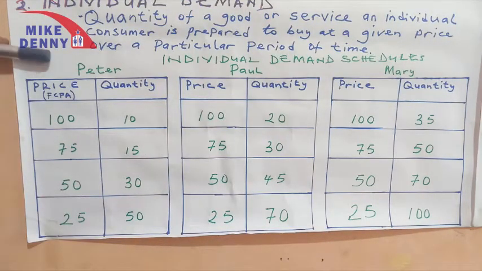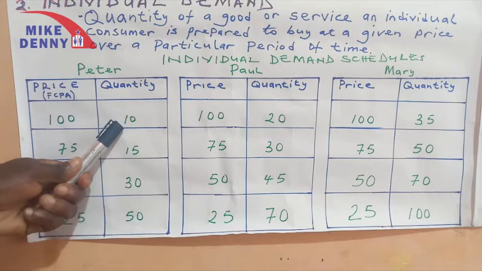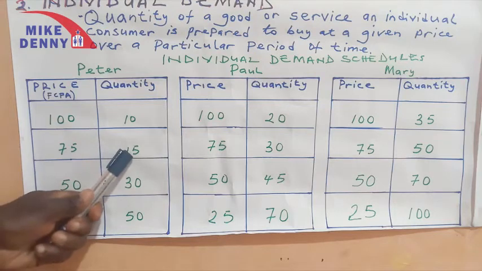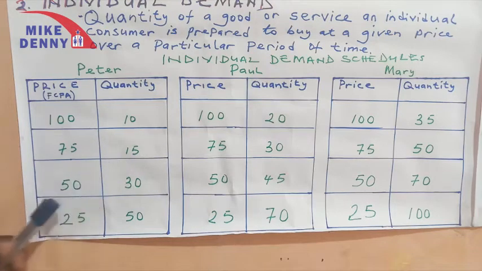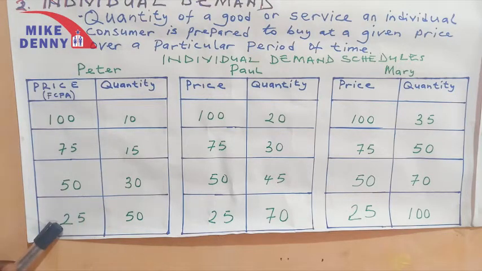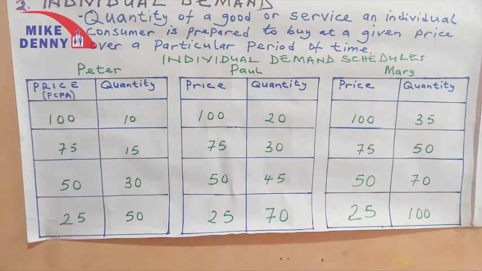So for Peter, the first consumer, when the price of the good is 100, Peter wants to buy 10 units of the good. When the price is 75, Peter wants to buy 15. When the price is 50, Peter wants to buy 30. And when the price is 25, Peter wants to buy 50. So this is Peter's individual demand for the said good.